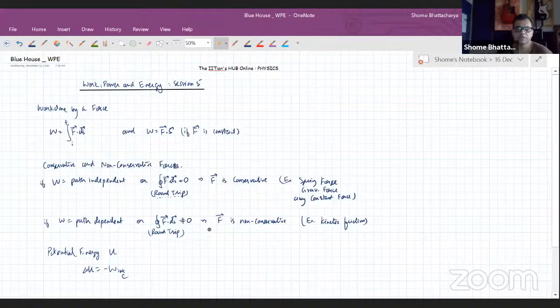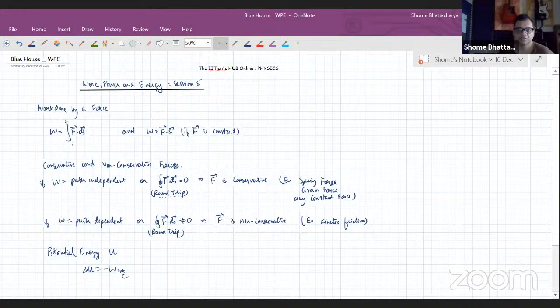Whenever a system has internal forces which are conservative, we can define potential energy for the system as the energy associated with the state or configuration of the system, such that change in potential energy is equal to negative of work done by the internal conservative force.